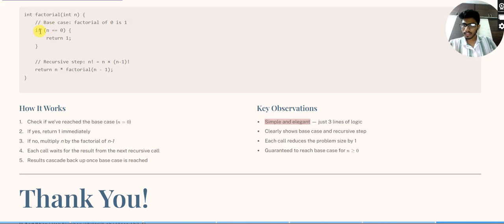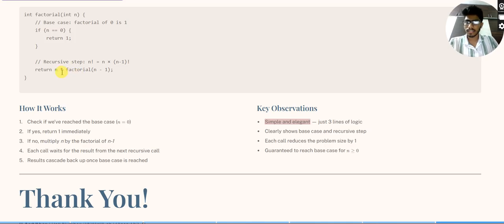Here is the code. In the base case we take n: if n equals 0, return 1. This is the base case, and if n becomes 0, the recursion ends. And this is the recursive step. As I said earlier, n factorial equals n into fact of n minus 1.